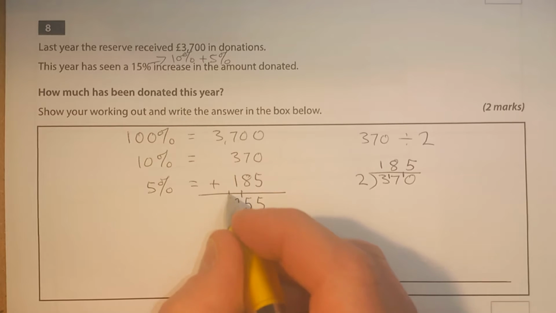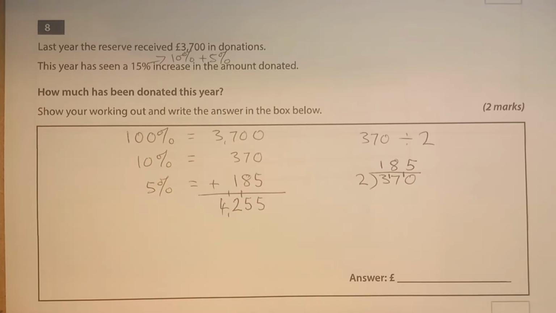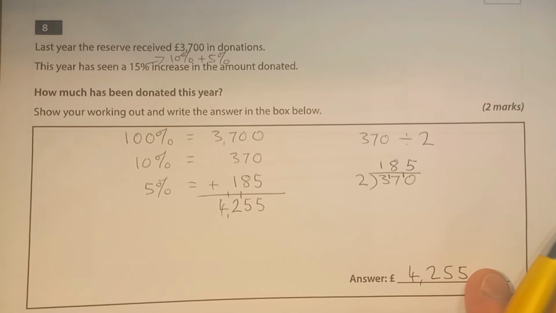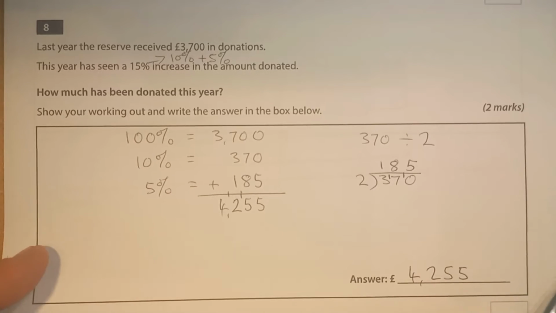And 3 plus 1 is 4. So we got a total, and I'll put it down here, 4,255. I haven't been writing all of my answers in the answer box. Obviously you would each time, but I haven't because we're just doing it for the video. But always write your answers in the answer box.